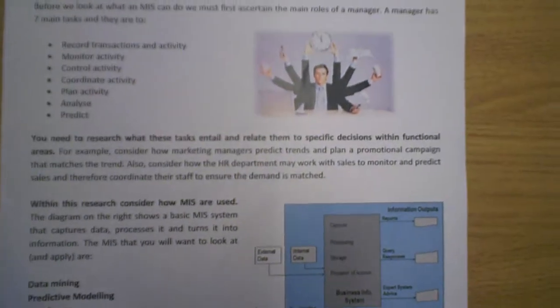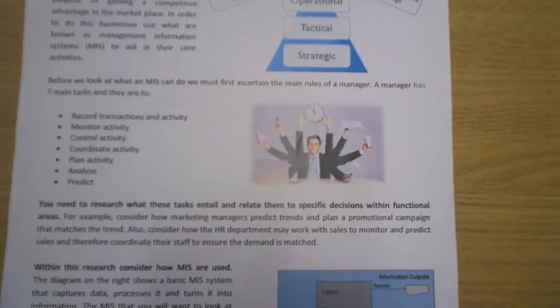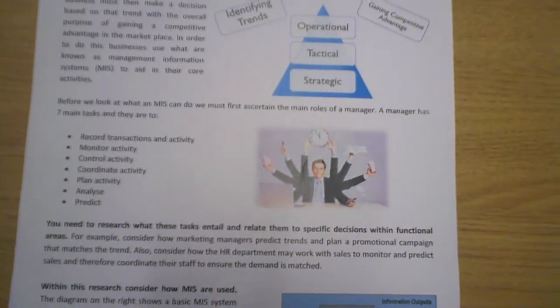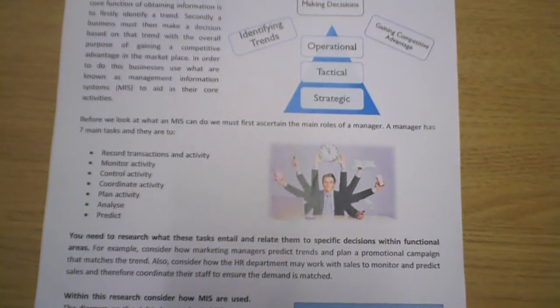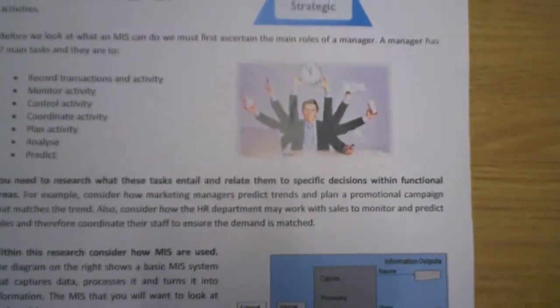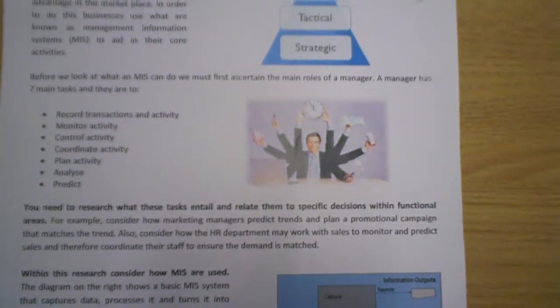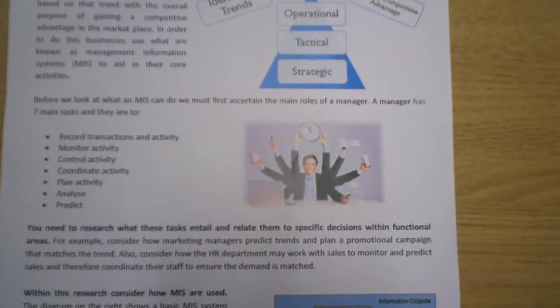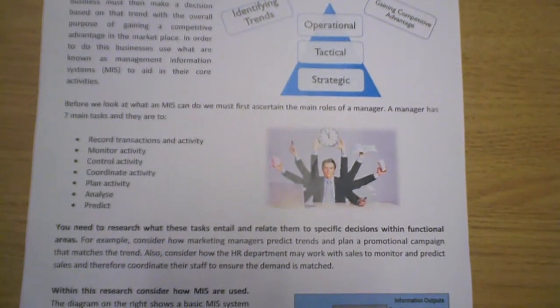What you're then doing is thinking about specific decisions within functional areas. This is where some of the better presentations from P1, P2 will really help you, because you may have actually talked around decisions within functional areas. For example, I think most of you picked up on the HR example about looking at sickness patterns.